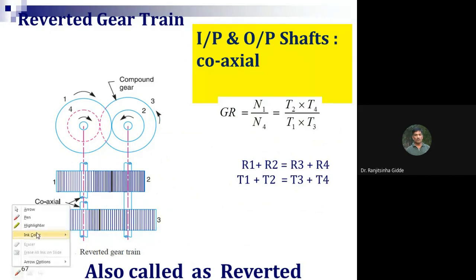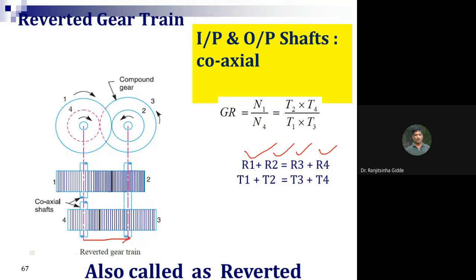So this relation: R1 plus R2 is equal to R3 plus R4. That means this distance, which is the addition of R3 and R4, and this distance, which is R1 plus R2.